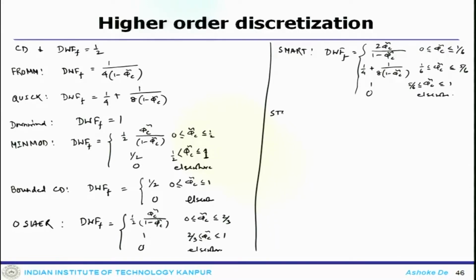Similarly, STOIC will also have 4 segments for this factor.